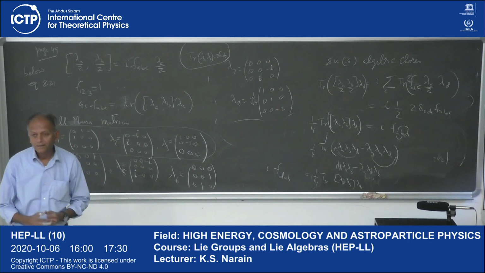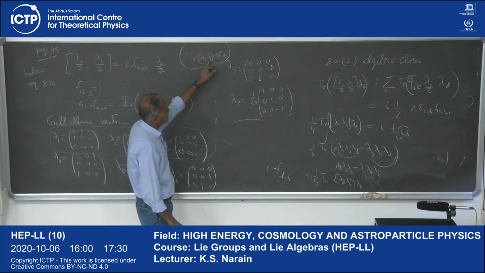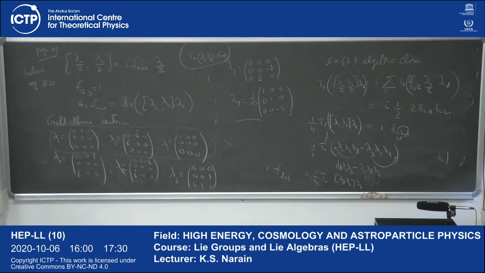Can we think of this as a matrix? Trace lambda A times lambda B. This is a matrix trace, lambda A. Yeah. So this is a 3 by 3 matrix. No, not matrix, metric. Ah, good. Yeah. Actually, you're jumping ahead. Yeah, true. You're right.